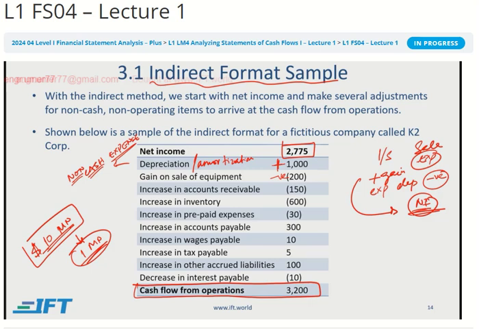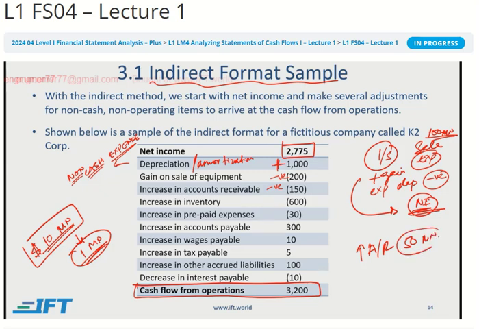Now, increase in accounts receivable is negative. Why? Because if you're having, let's say, sales of 100 million, right? Which obviously has been included in your income statement. So let's say in your net income, which is coming from your income statement, the sales of 100 million is there. But your account receivable has actually gone up by 50 million, right?